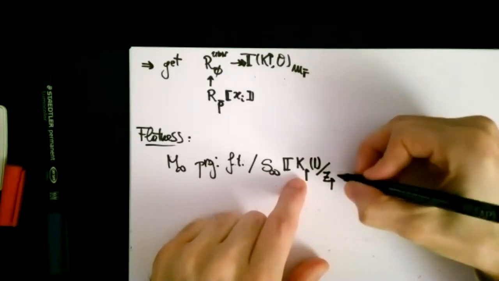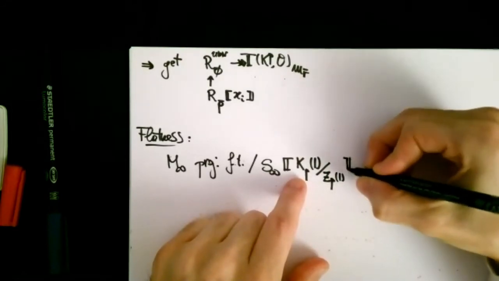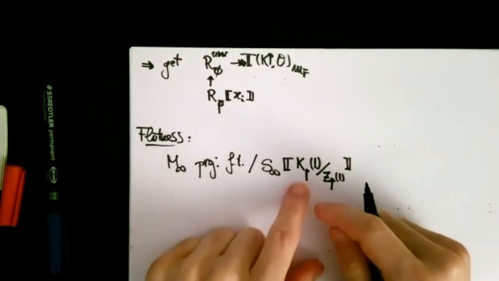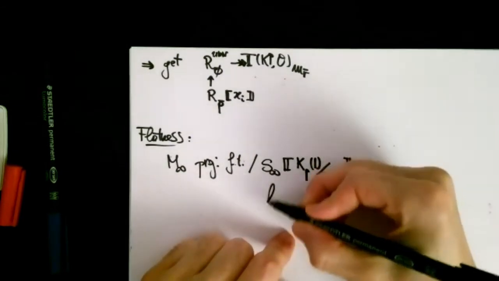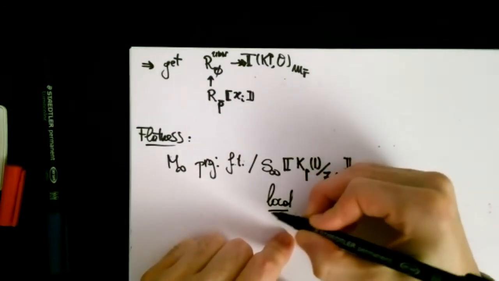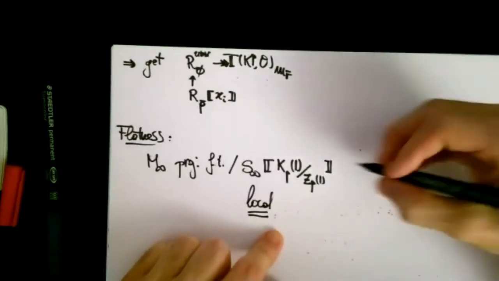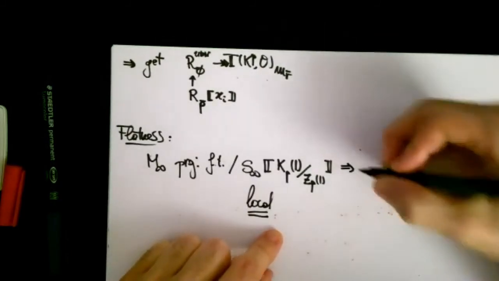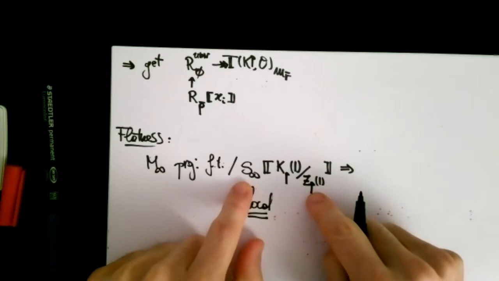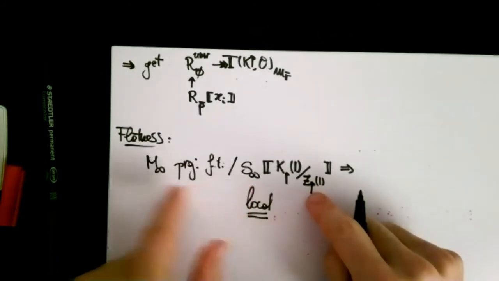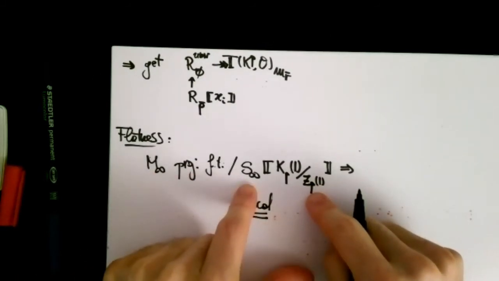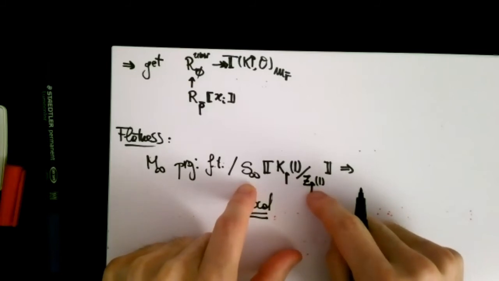I call it ZP1. So it is projective of finite type over this ring, which is local. And so this implies that this module is free over here. But since this module is free over here, it is in particular Cohen-Macaulay over here.